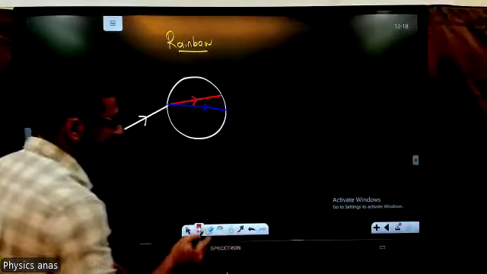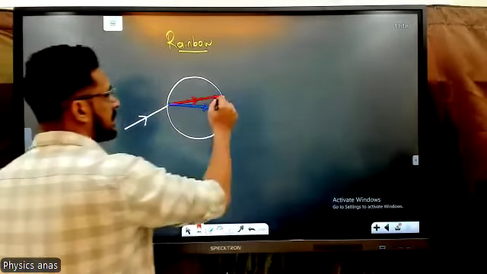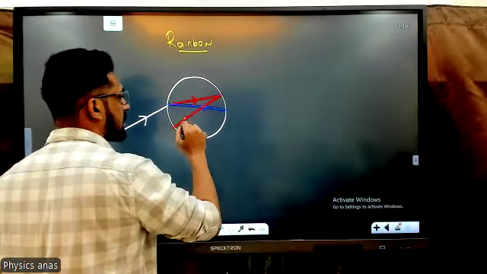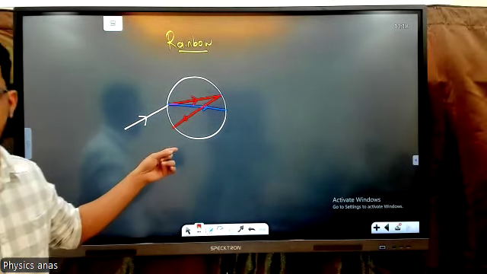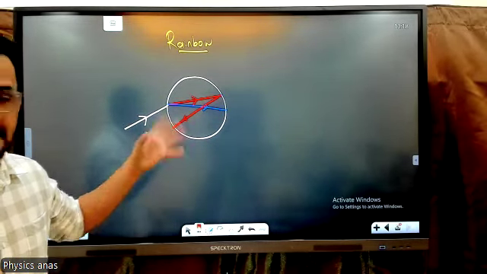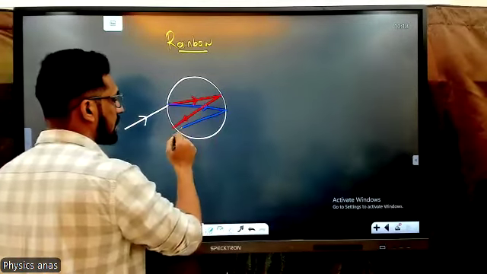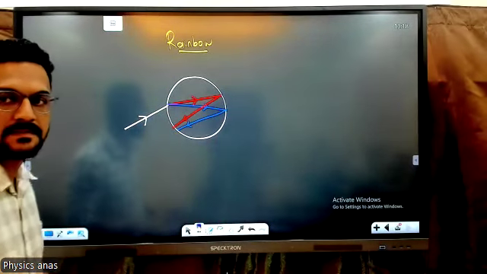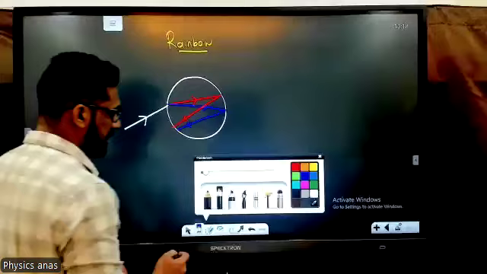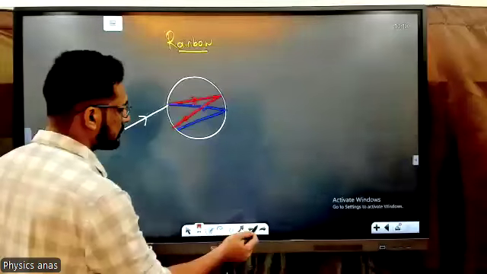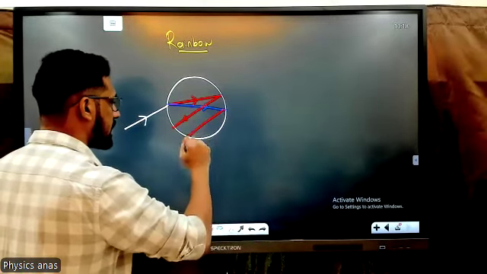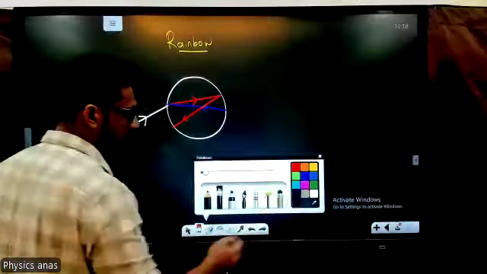So it is internally reflected like this. This is reflection now, not refraction. Okay? What happens after this? It is internally reflected like this.